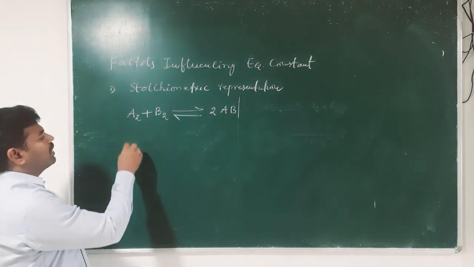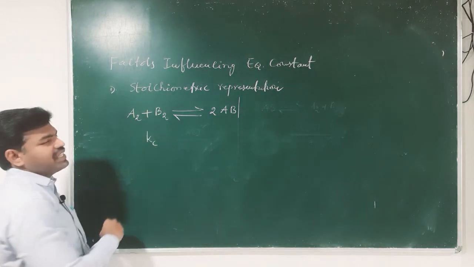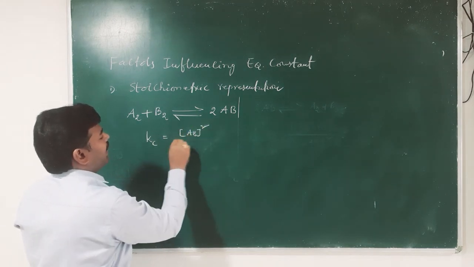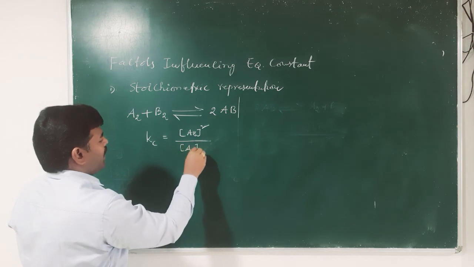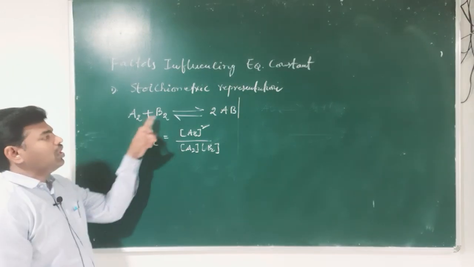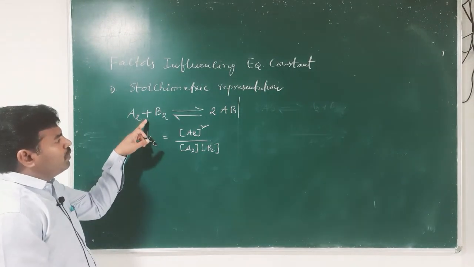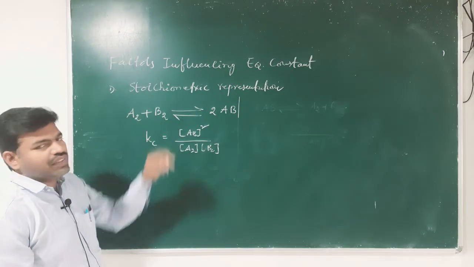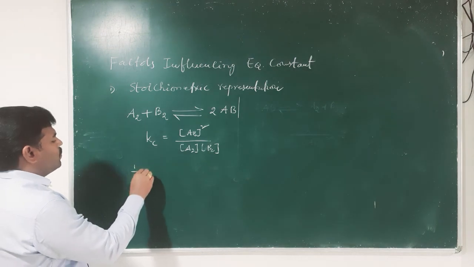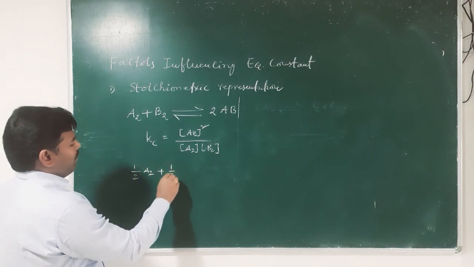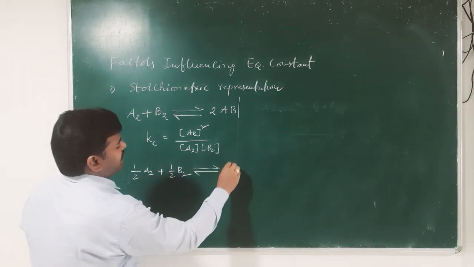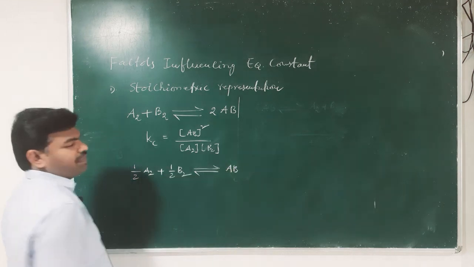For example, the equilibrium constant Kc is concentration of AB square by concentration of A2 into concentration of B2. But if you divide this whole equation with a factor 2, that is 1 by 2 A2 plus 1 by 2 B2, the 2 cancels and that becomes AB.